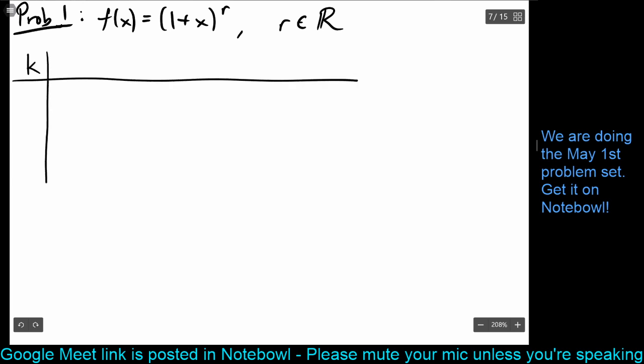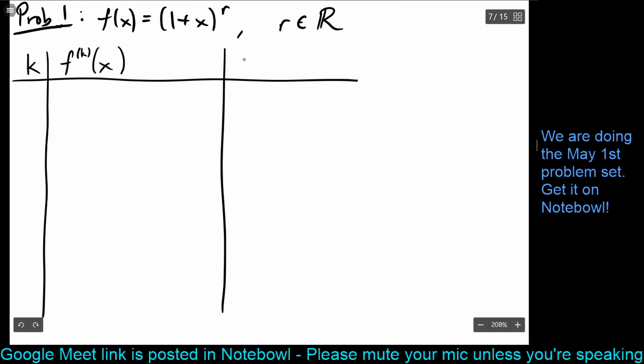We'll plug in different values of K, look at the derivatives, and plug in 0, because this is a Maclaurin series. So when K is 0, we just have the function itself, and if we plug in 0, we just get 1. Woohoo, exciting.